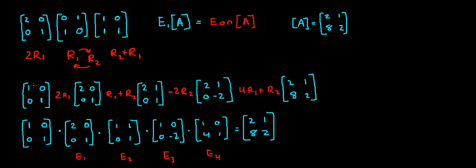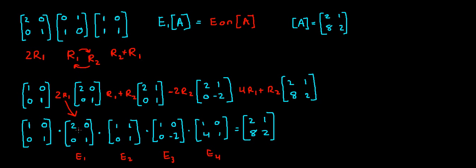We got from the identity matrix to matrix A by performing a series of simple operations, one operation at a time. Each of these simple operations can be taken to be an elementary matrix. So instead of writing it step by step like this, if one so desired, they could write it like this: 1, 0, 0, 1, the identity matrix. And the first step, 2 times row 1.